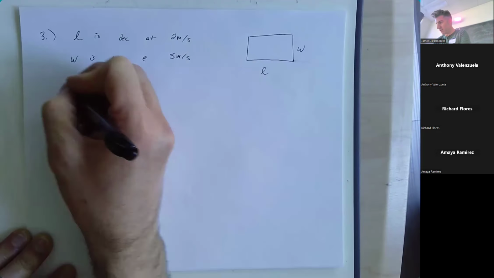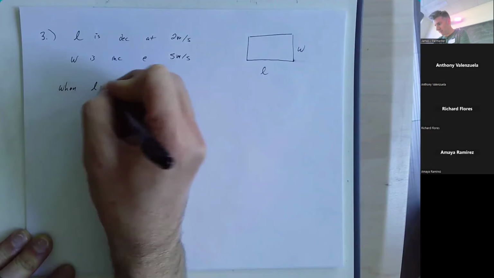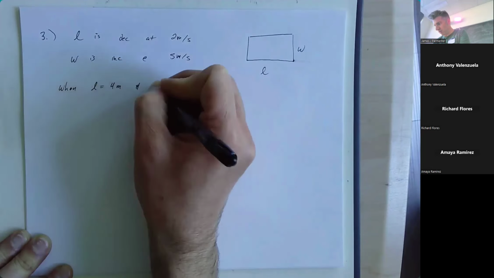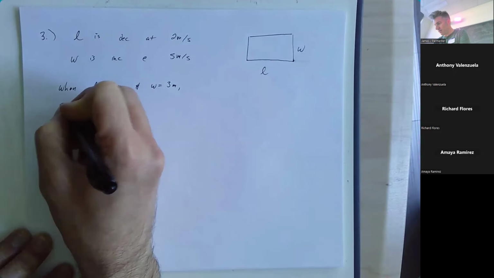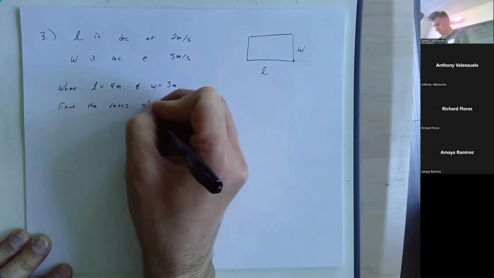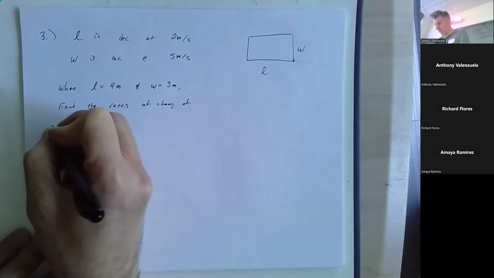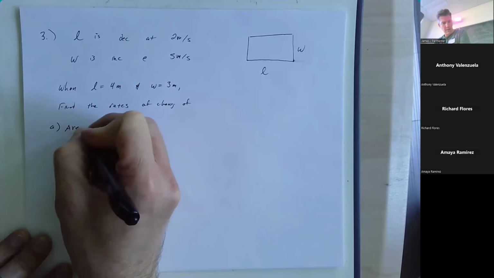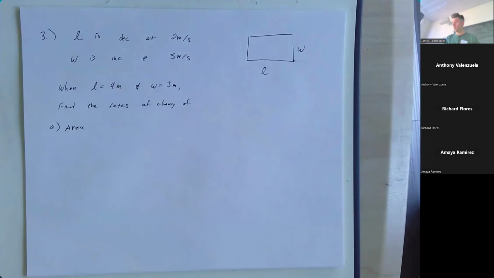And the problem says when length is 4 meters and width is 3 meters, find the rates of change, plural, of A, area, and B, the length of the diagonal. So that's interesting. Okay, well, we'll start with the area.